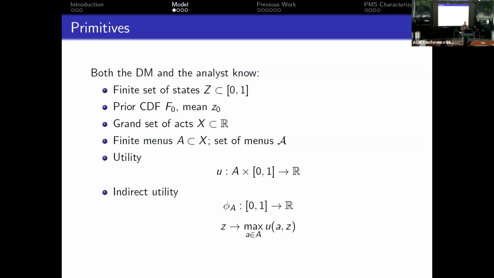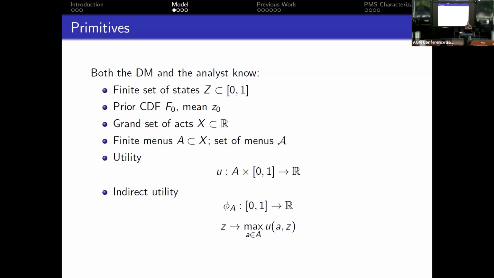Okay, so in terms of primitives of the model, all the primitives of the model are given on this slide. Both the decision maker and the analyst who's observing the decision maker's choices know the set of possible states of the world. For this talk, the set of states is going to be finite. I have an extension to a continuum of states in the paper.